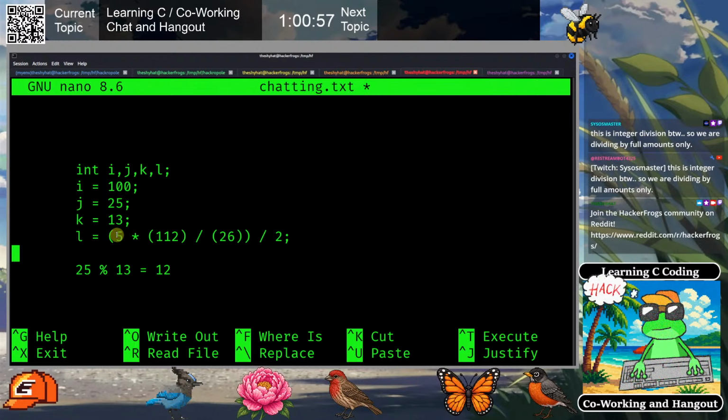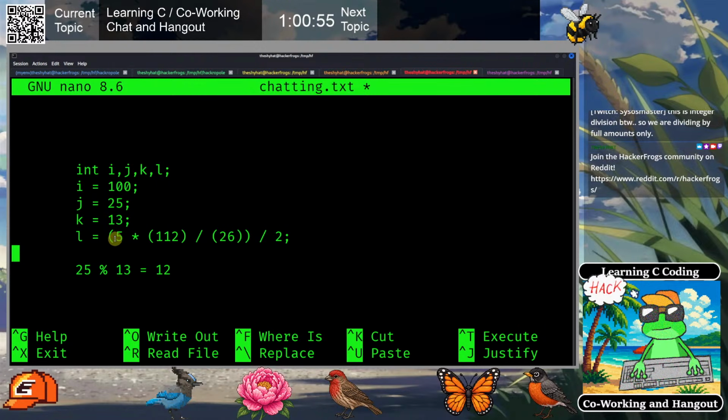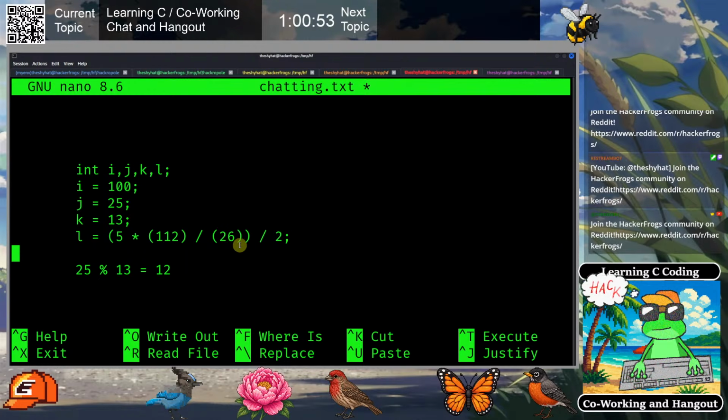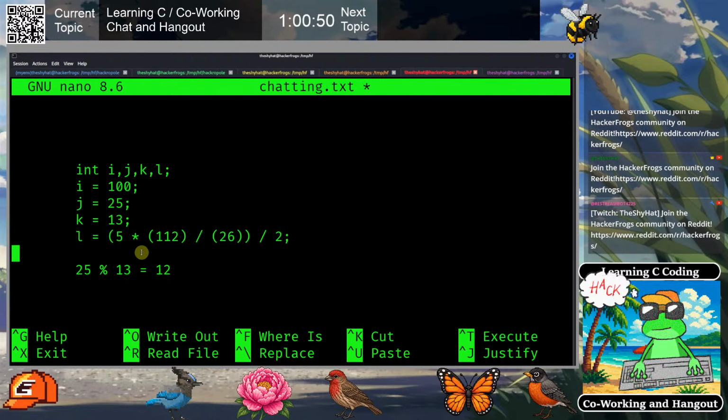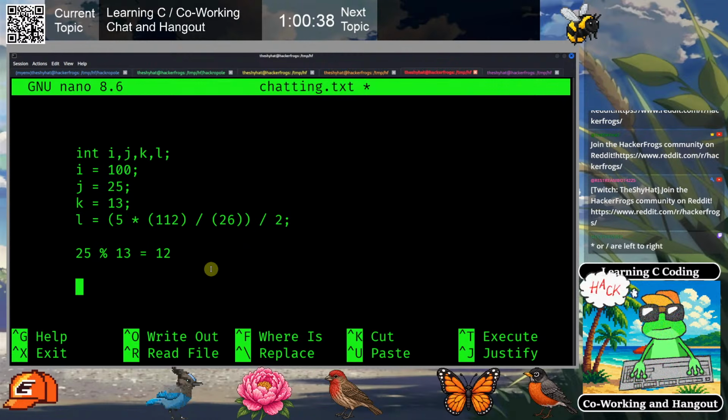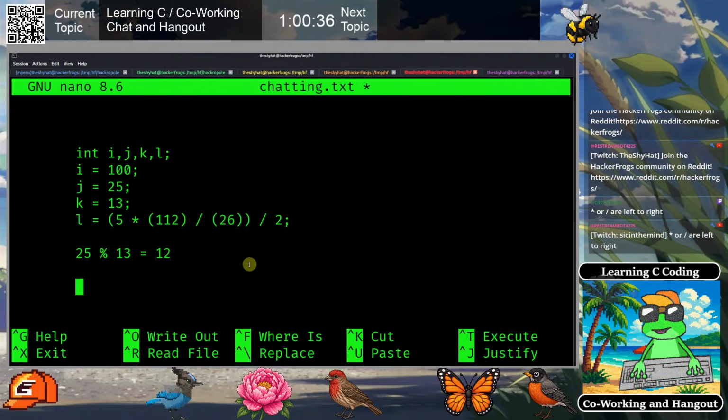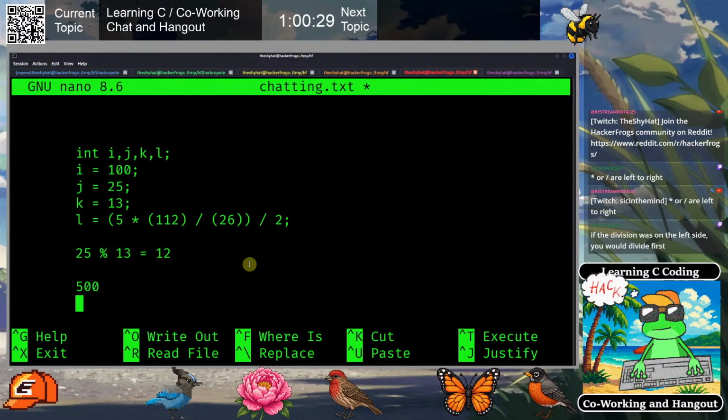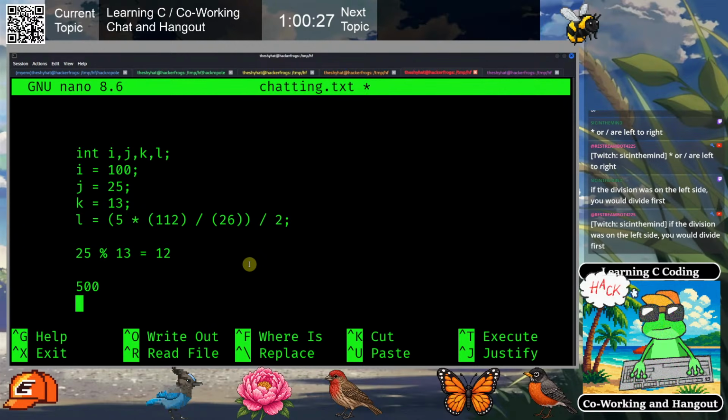So inside of the parentheses, we've got 5, we've got 112, and we've got 26. Multiplication goes before division, so it'd be 5 times 112. 5 times 100 is 500, and then we add 5 times 12, which is 60.